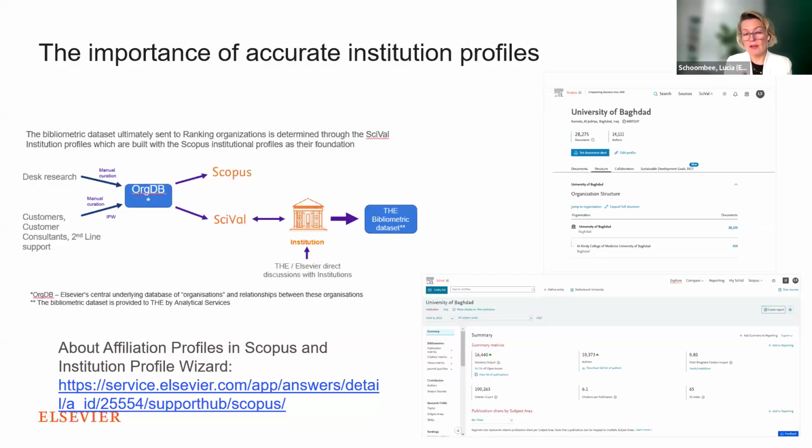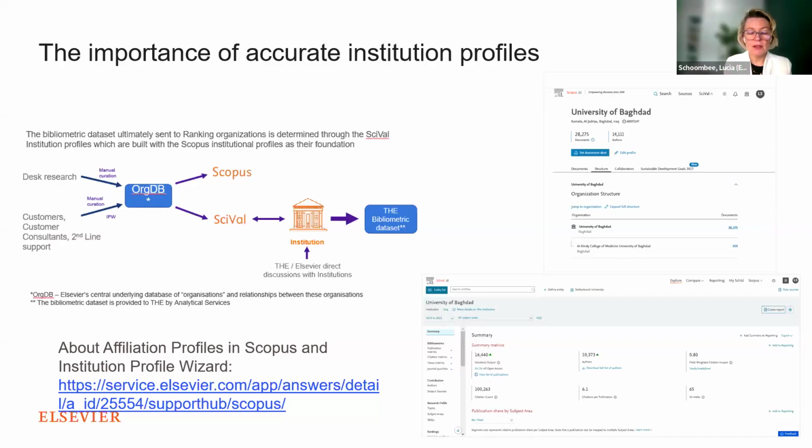Other institutions have multiple structures. It's not departments, it's research centers, research institutes, hospitals. And we need to make sure that these organizations that belong to the university are actually linked in the organizational profile.